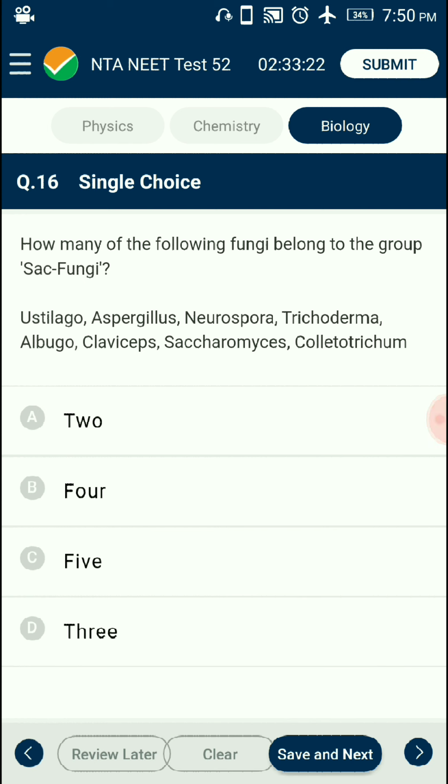The examples of Ascomycetes are as follows: Aspergillus, Claviceps, Neurospora, Saccharomyces, which is unicellular. Ustilago belongs to Basidiomycetes. Trichoderma and Colletotrichum belong to Deuteromycetes, and Albugo belongs to Phycomycetes. So from the given fungal species, 4 belong to the group sac fungi. So the correct option is B.